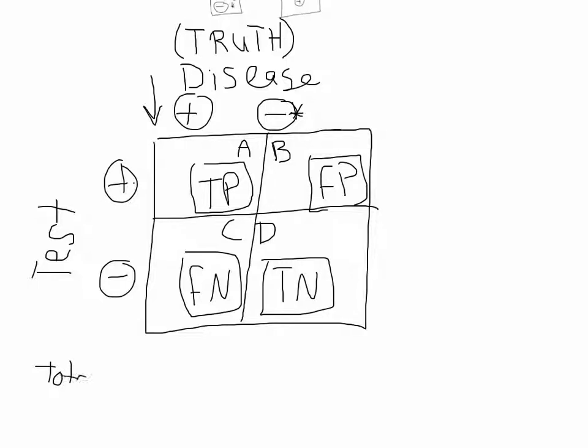So my total down here is going to be 100 and 100. So 100 people have the disease, 90 of them test positive, 10 of them test negative. And then of the people that do not have the disease, we will say that 90 of them test negative and 10 of them test positive. It doesn't have to be 90, 90, 10, and 10. It could be 90, 10, 80, 20. The corners don't have to equal each other, but for simplicity, I've made it so that they do.